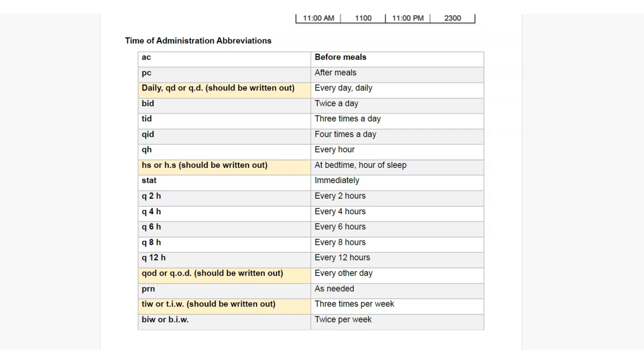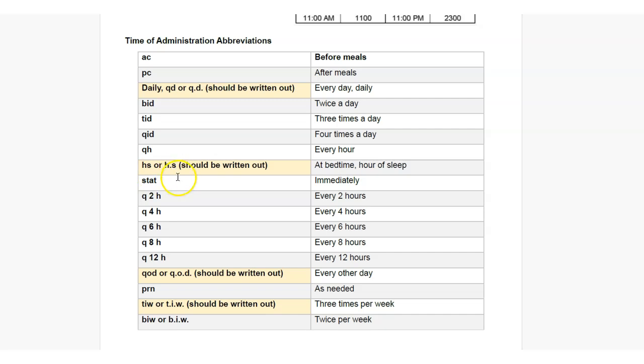Next would be daily, QD or Q.D. This should be written out, ideally, to prevent any medication errors or misunderstandings. Daily means every day, once a day. BID is twice a day, TID is 3 times a day, QID is 4 times a day, QH is every hour.